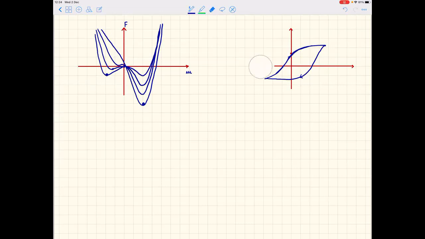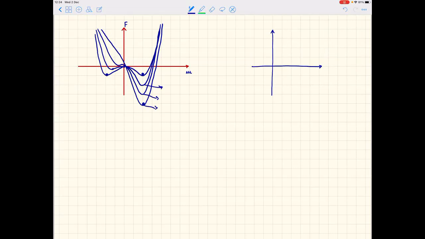Well, suppose that I'm increasing the magnetization, right? And I initially was here. So actually, this is all plotted. All these minima should be shifting in this direction.